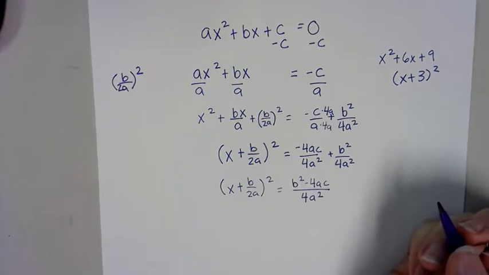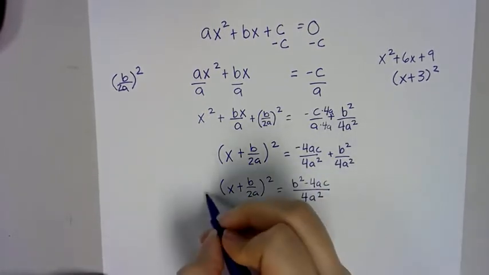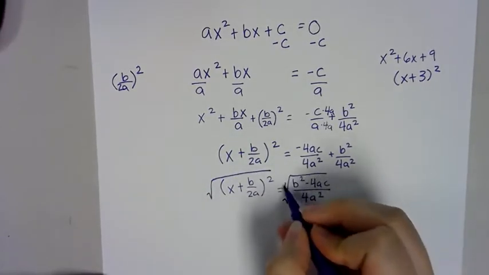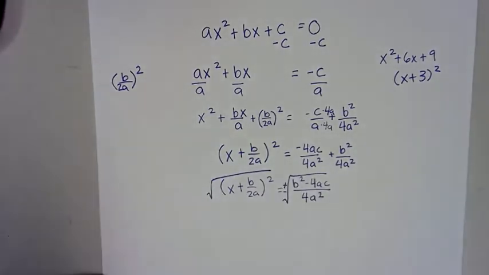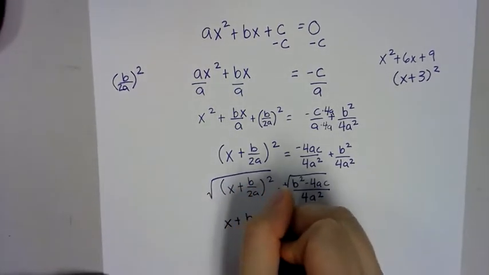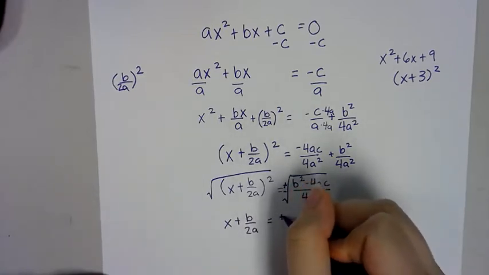Now it may start to look a little bit familiar, as this is my discriminant. So then I take the square root of both sides. Don't forget your plus or minus. And I'm left with x plus b over 2a equals plus or minus.